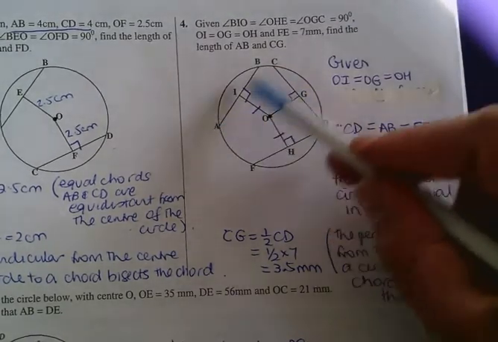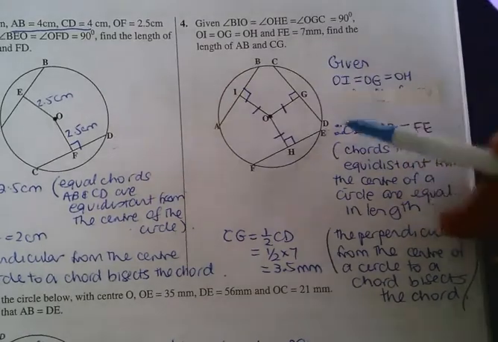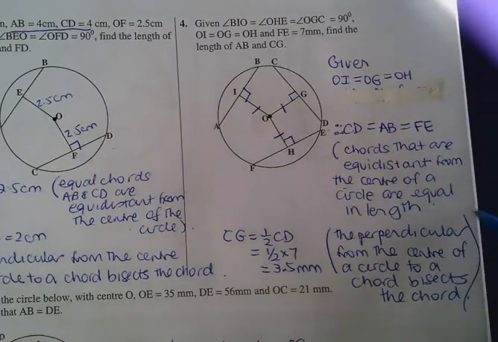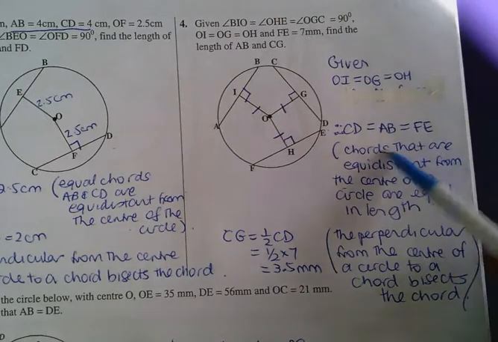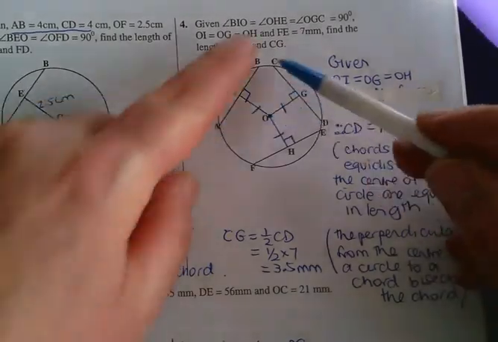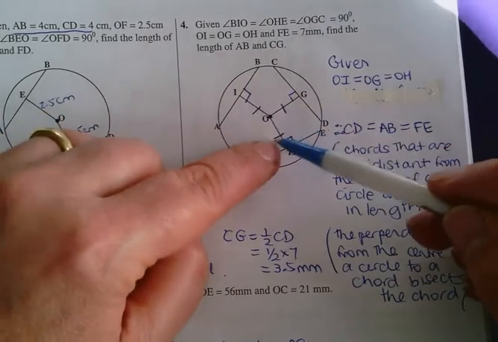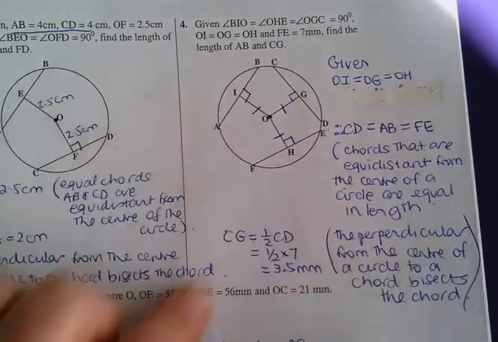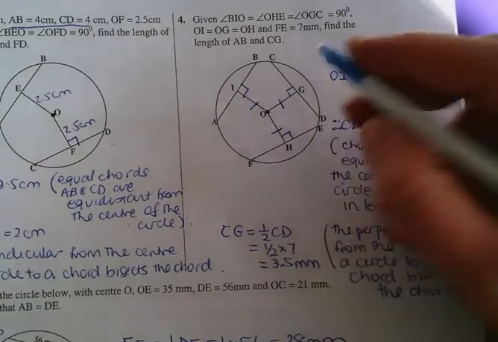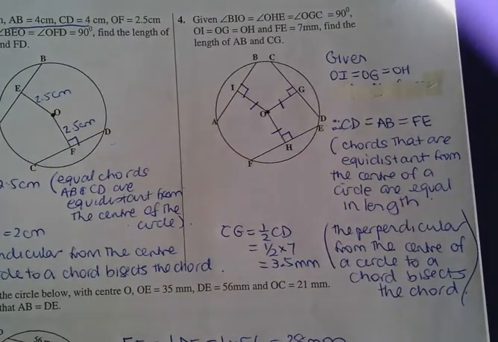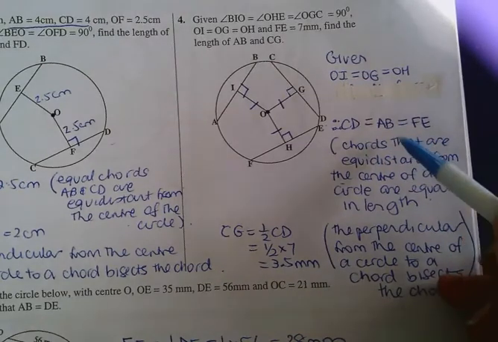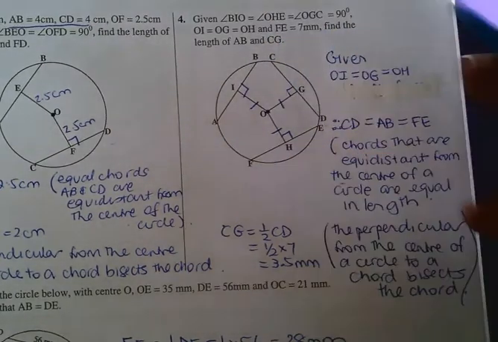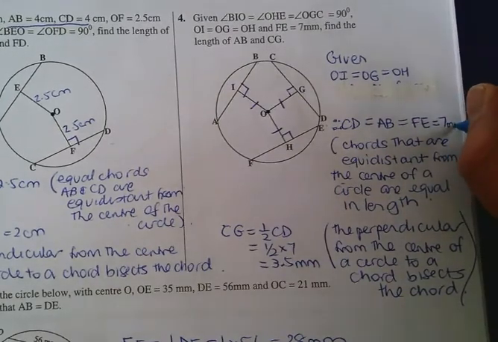So we can now say that AB equals FE equals CD, because those 3 chords are equal distances from the center of the circle. So chords that are equidistant from the center of a circle are equal in length. So what's the length? FE is 7, so AB equals 7 millimeters.